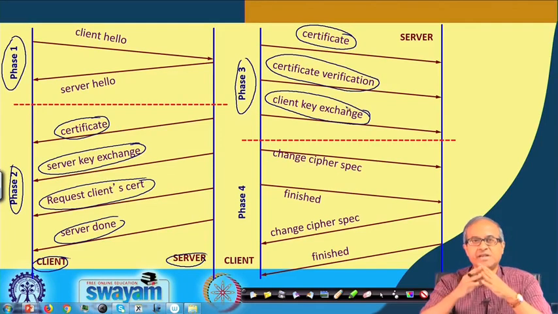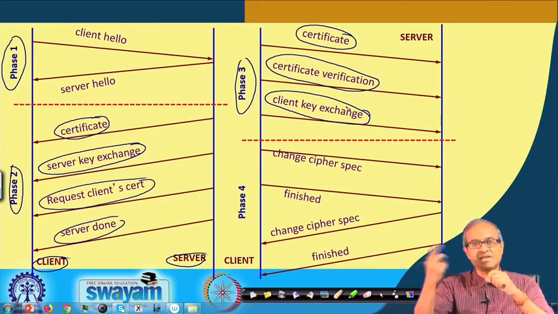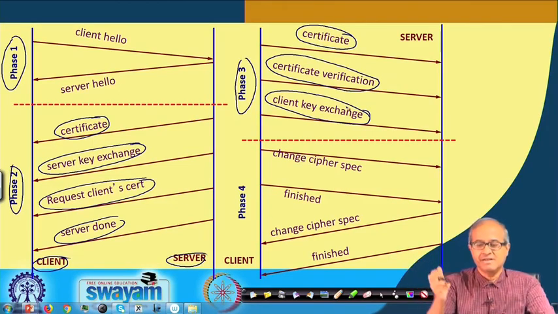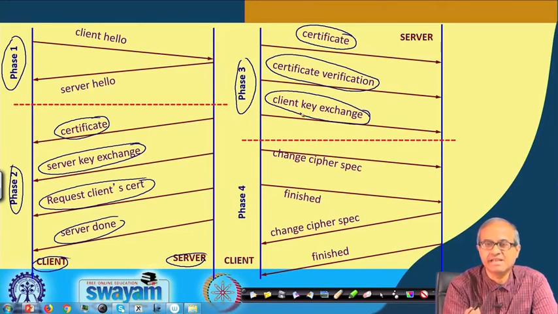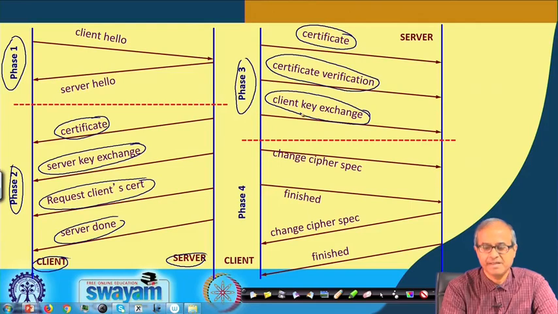Now, see both the parties have exchanged their certificates. Now, they can encrypt a key using their own public key and send it to the other side, which can decrypt using its private key, right. Now, this client can send the key to be used for encrypting the data.